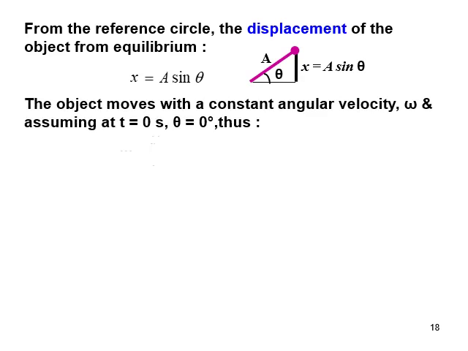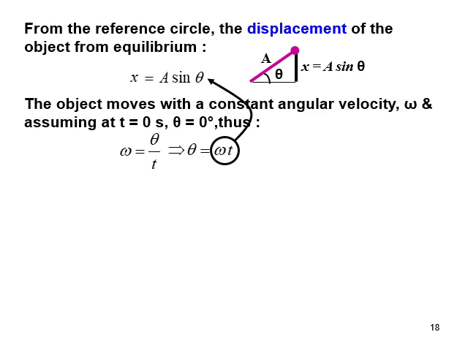As you can see, the object moved from equilibrium position to displacement x. From the reference circle, there is a triangle. From the trigonometry equation, the displacement x is equal to A sine theta, where theta is equal to omega t.